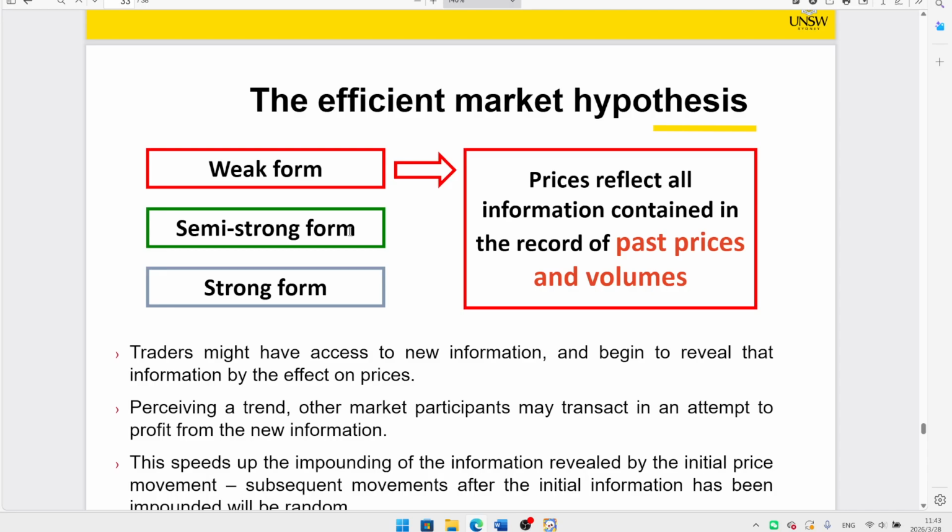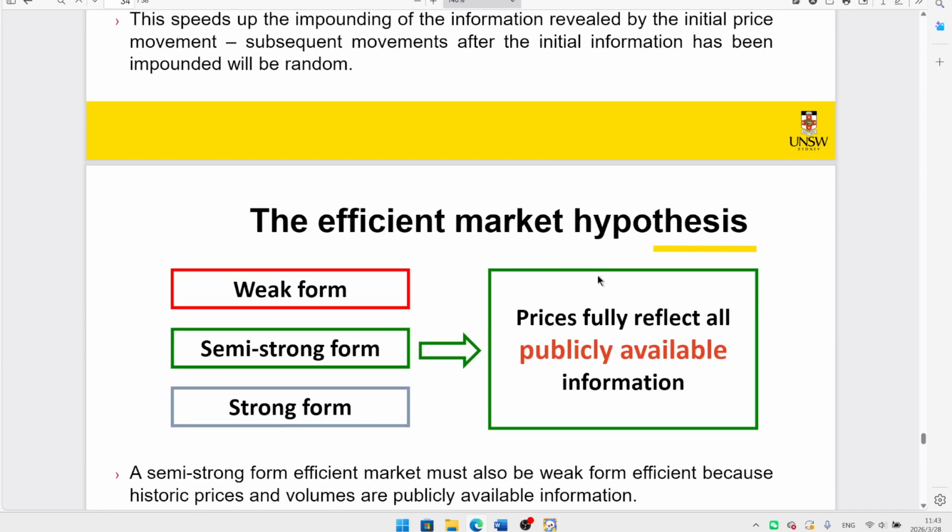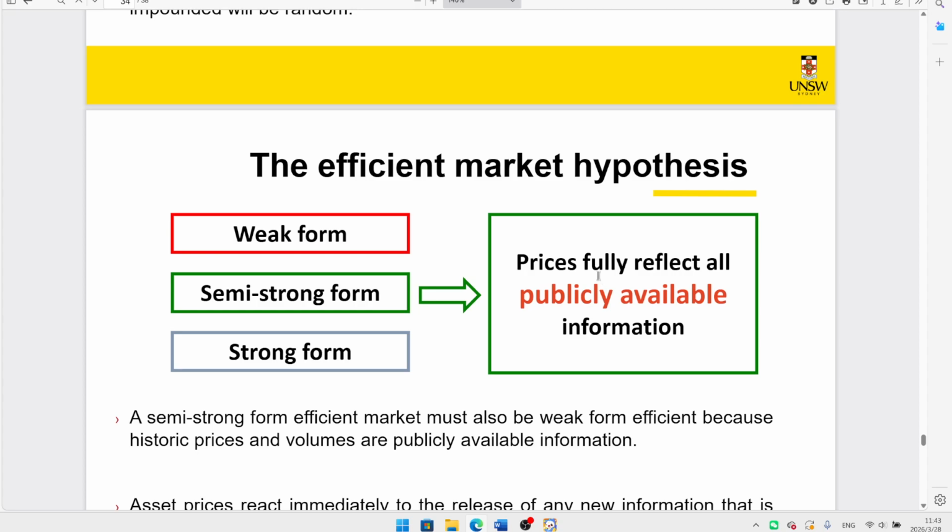The weak form reflects past information. The semi-strong form is about all public, available information.